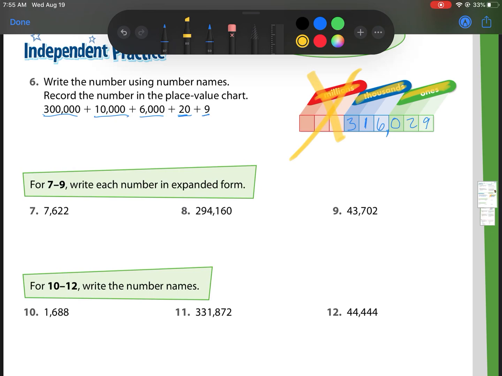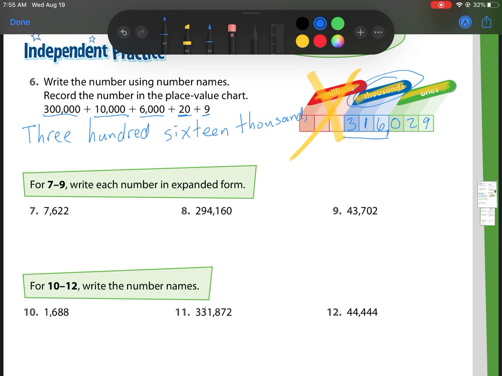So now I'm going to write that first grouping here, that first color. So that's 316. And then what grouping is that in? That's in my thousands. So I'm going to put 316,000. And then I go to this next grouping. This next grouping is just 29.